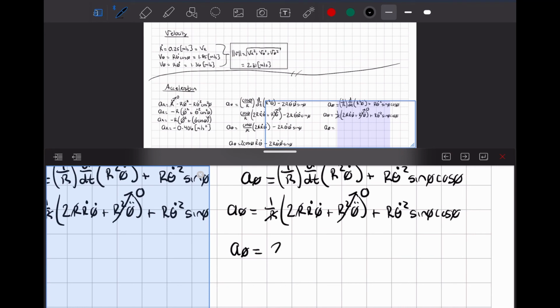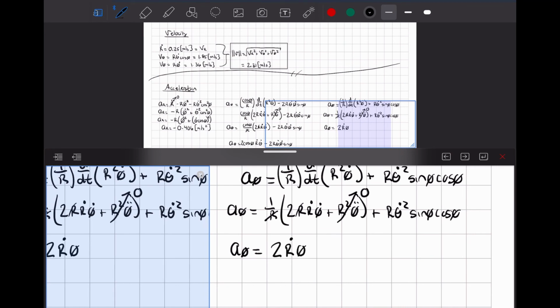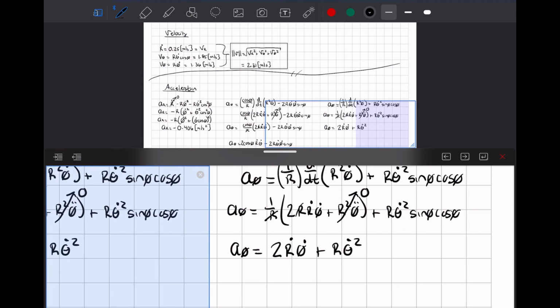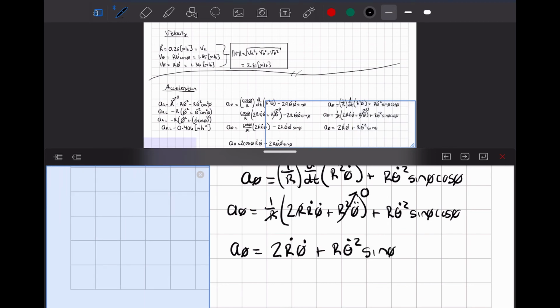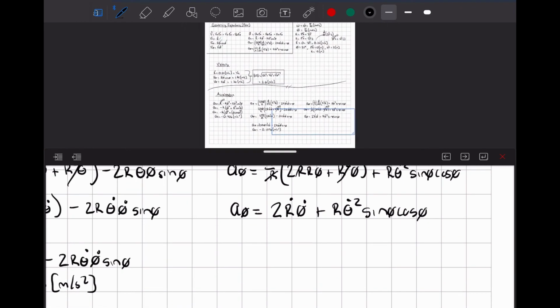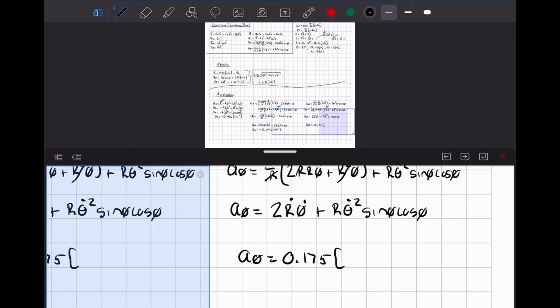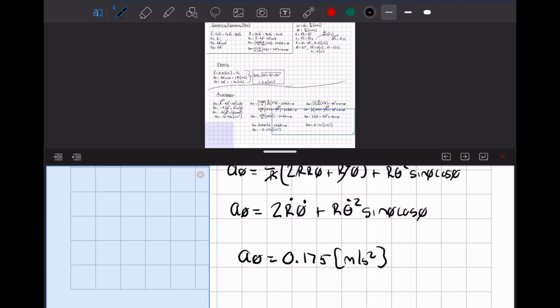We're just going to have 2r dot phi dot plus r theta dot squared sine phi cosine phi. And so if we plug in those values again, plug and chug, we see a phi is going to be positive 0.175 meters per second squared.